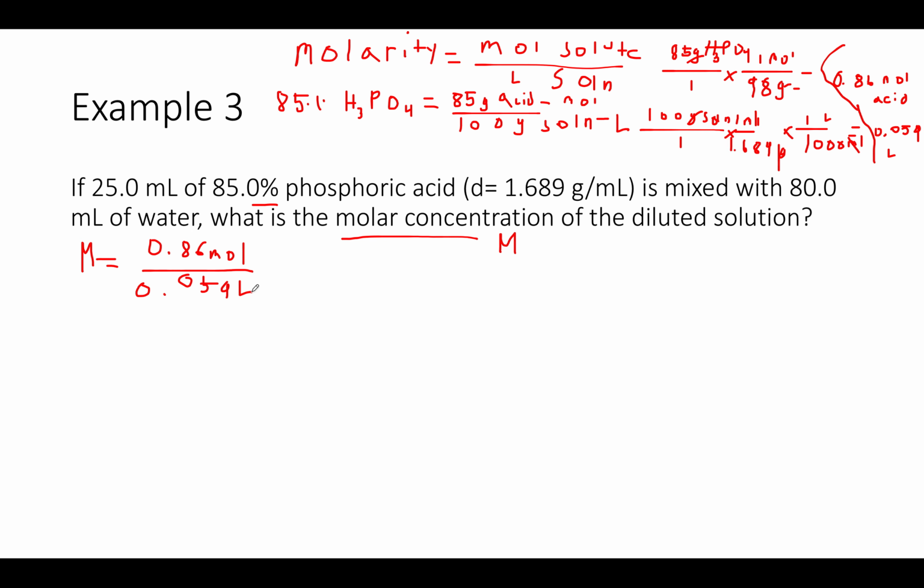So 0.86 divided by 0.059 gives us a resulting solution of 14.6 molar. Okay, that was the hard part. We had to convert the mass percent into molarity because we're looking for the molar concentration. So the concentration of the first is that 14.6 molar that we just calculated.